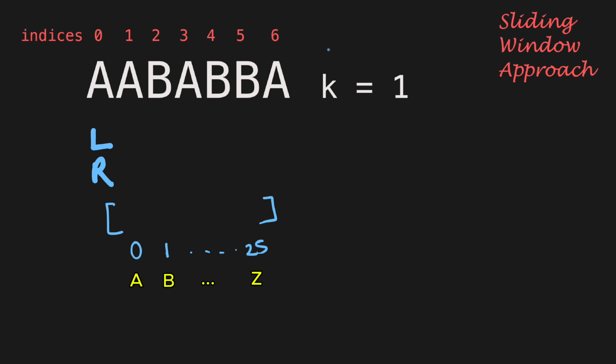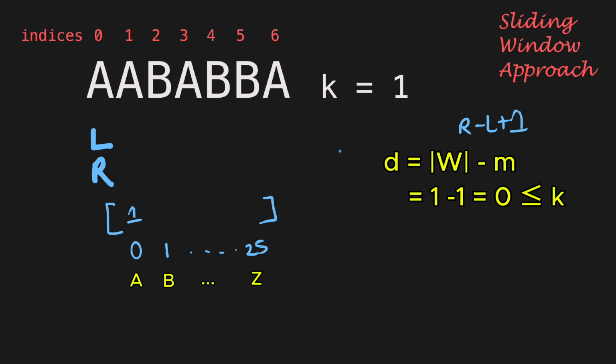Now let's see how the sliding window will work. Initially both left and right pointers are at the start of the string where we see character A, and so we increase the frequency of A at index 0 to 1, and the length of the window is also 1, which can be given by the formula right minus left plus 1, because both right and left are inclusive, meaning the window contains all the characters from index L to index R. Now the maximum frequency we encounter in this window is also 1.